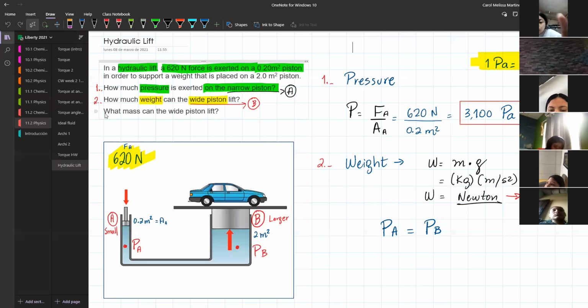So the force in A divided by the area in A equals the force in B divided by the area in B. Now, this we already got from the step before, force A divided by area A, so you can skip this step and just write directly the result.